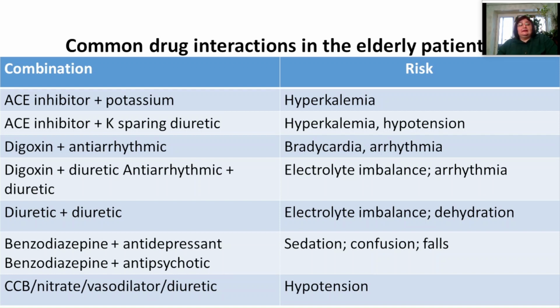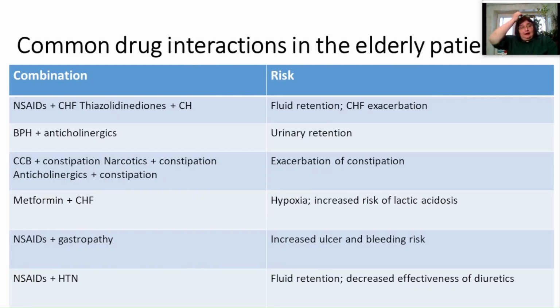And you see CCB group, nitrate, vasodilator, diuretic: deep hypotension. Non-steroidal anti-inflammatory drugs plus thiazolidinediones plus CHF: fluid retention, CHF exacerbation. BPH group plus anticholinergic: urinary retention.